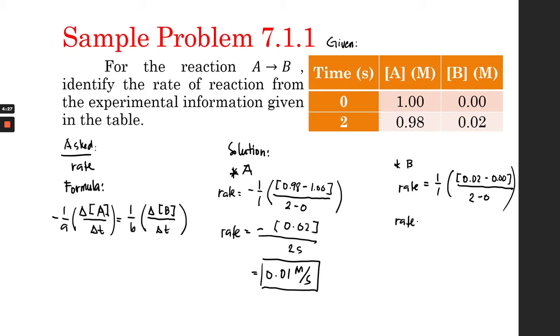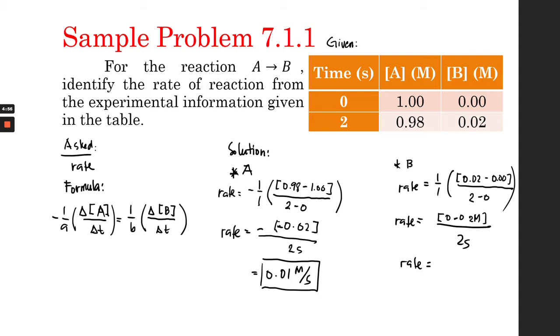So the rate for B is positive 0.02 molar divided by 2 seconds. Oh, this should be negative for A, sorry, I got confused.